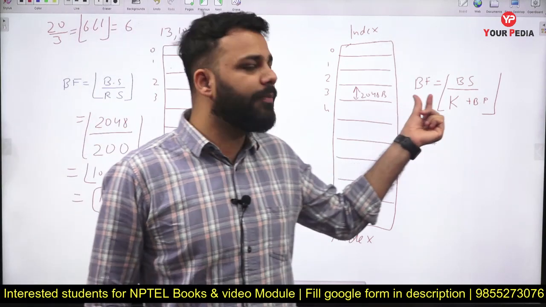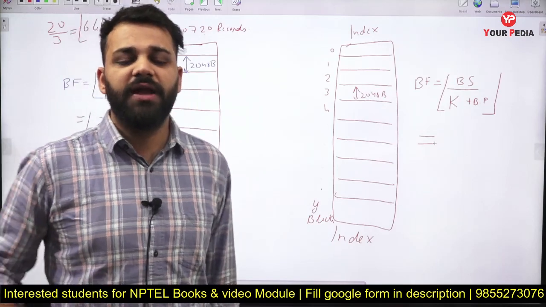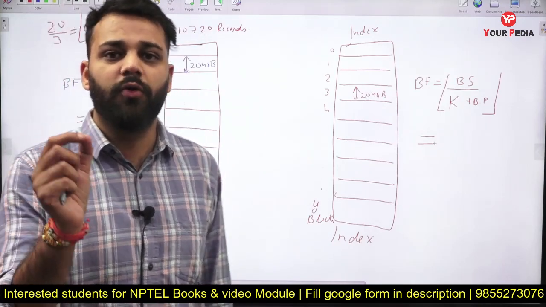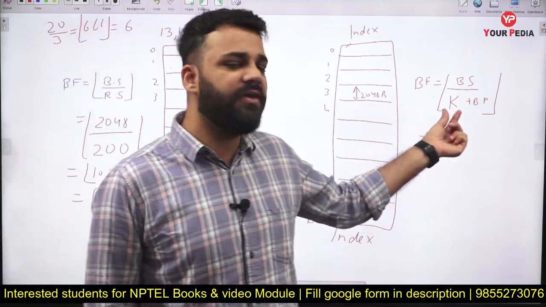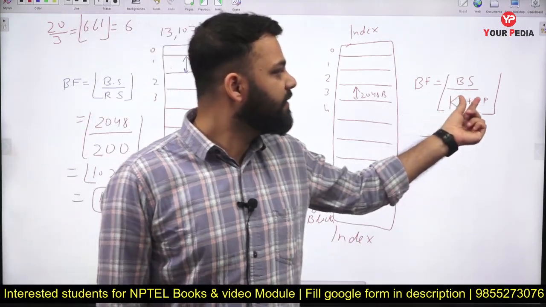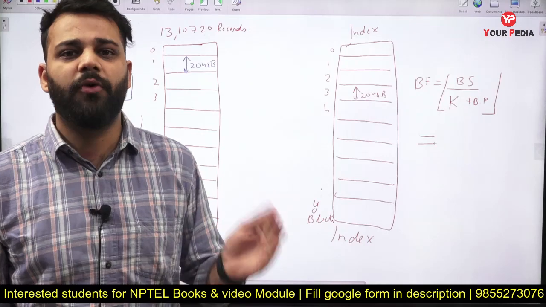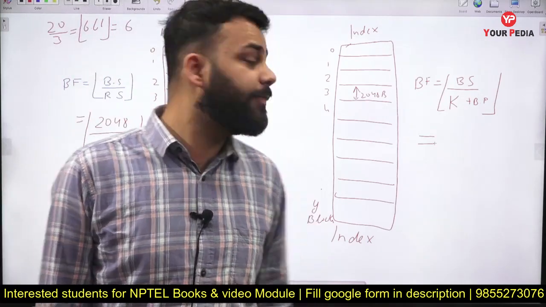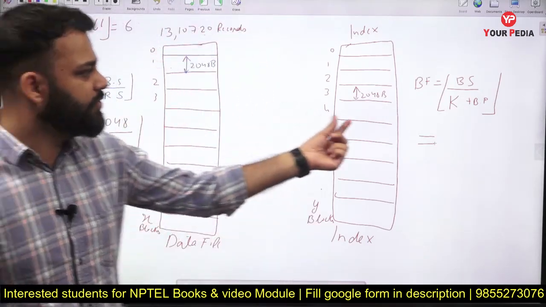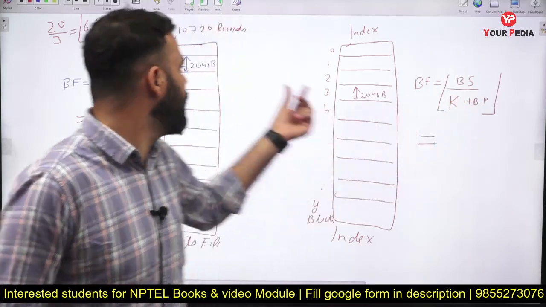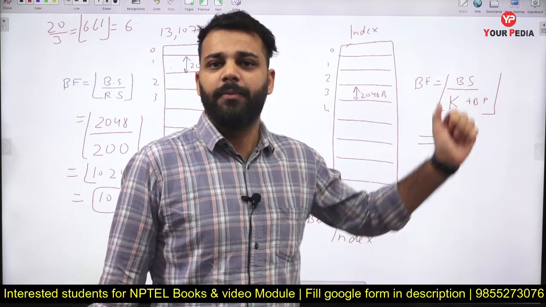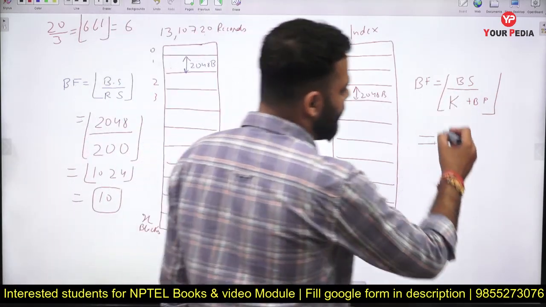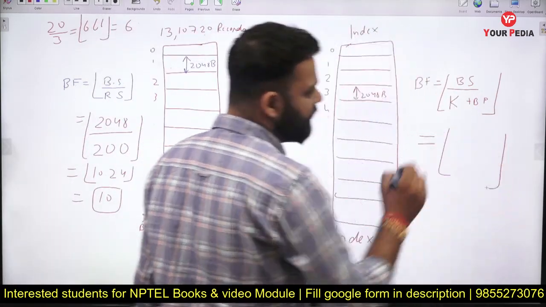Now let's move on to the block factor of index file. Now in index file you don't store the whole record, you just store some data of the record, which will be the key field of the record and the block pointer of the record, which will point where the block was originally placed in the data file. So you just need this amount of information, not the whole 200 bytes of the record. You just need key field and the block pointer data. So what will be the block factor here? Again we will be using floor value.